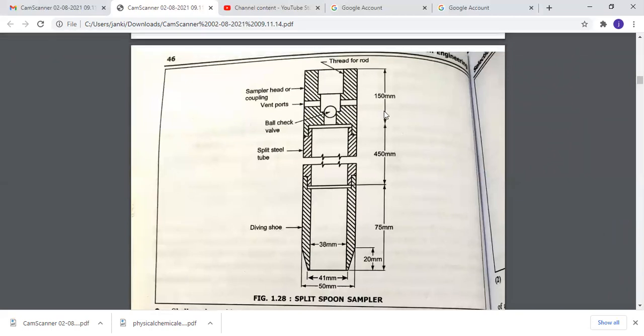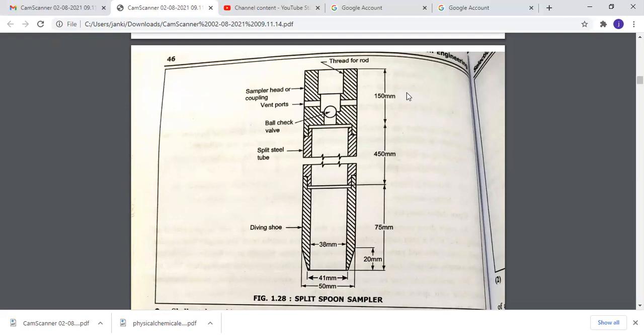The check valve helps to retain the sample when it is lifted, and the vent ports allow air and water to escape while driving the sampler. After the borehole has been made, the sampler is lowered to the bottom by attaching it to the drill rod. The sampler is then driven into the soil by blows from a hammer.